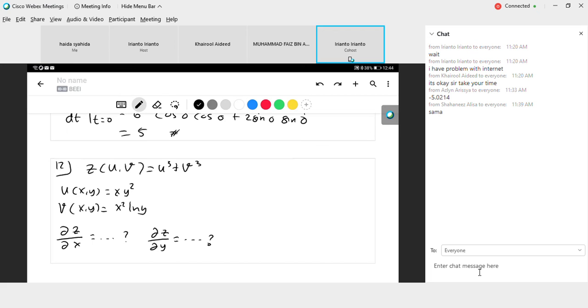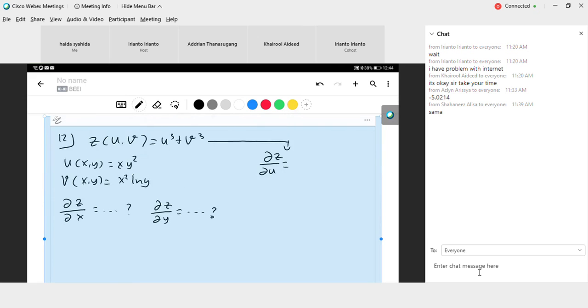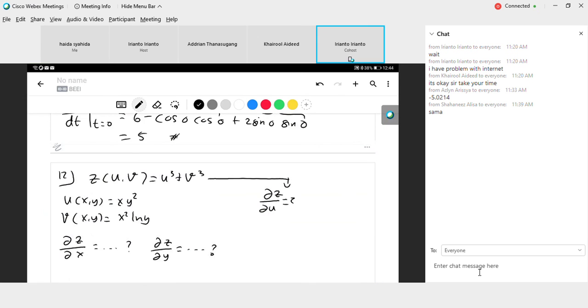Okay, good. Now, let me do one at a time. For this one, I can find two derivatives. The first one is the derivative of z with respect to u, which equals 3u squared.